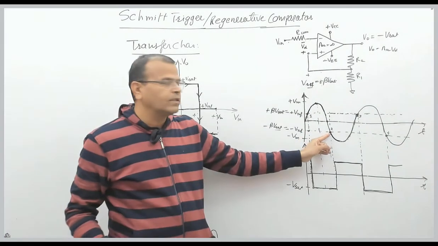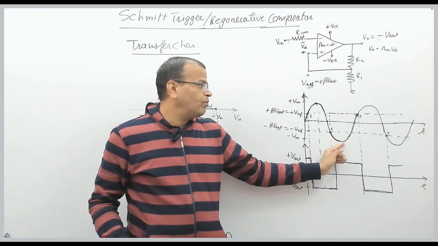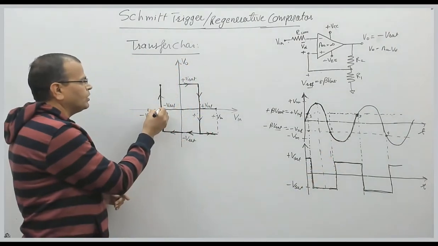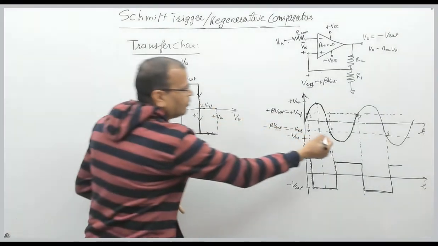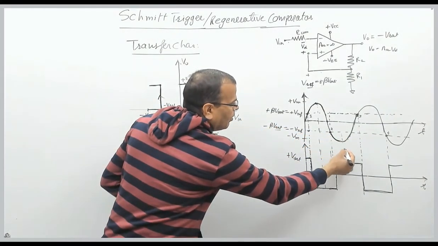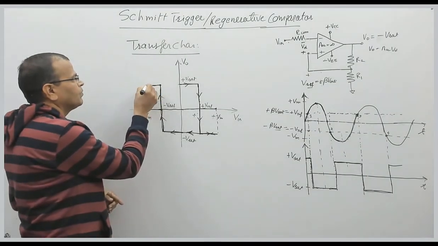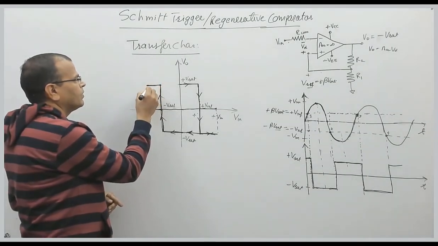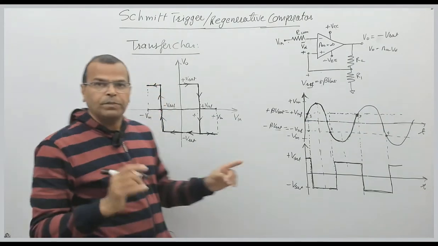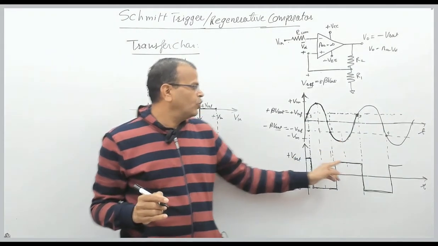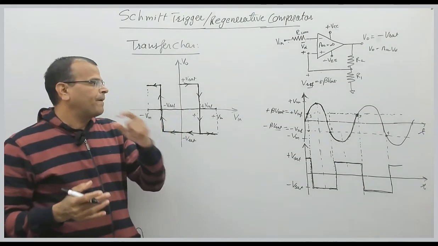And when input voltage is going to minus Vm, output remains plus Vset up to this instant, right? I hope the concept is clear. At minus Vm, output is plus Vset.